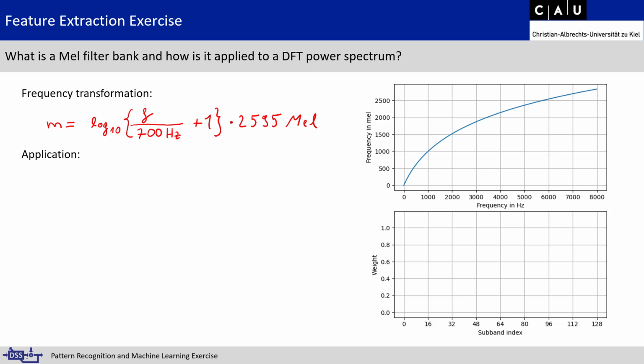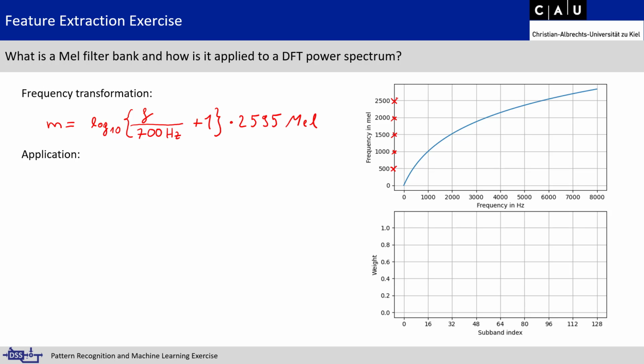We design it by specifying the frequency bands in the MEL frequency domain and not in the Hertz frequency domain. So we can define the center frequencies of our subbands, and let's say we do 5. I put my center frequencies at 500, 1000, 1500, 2000, 2500, equally spaced in the MEL frequency domain.